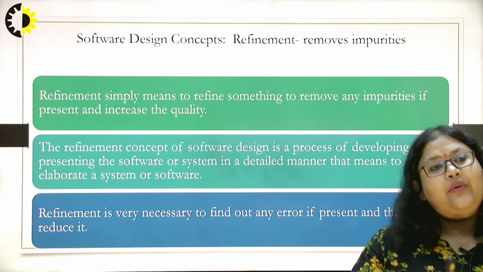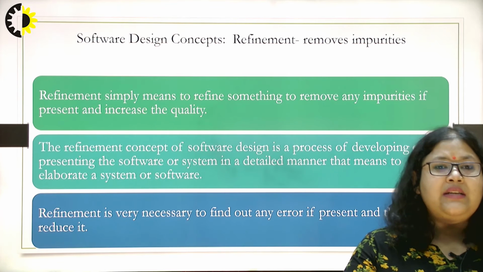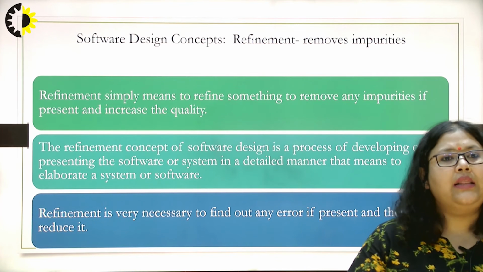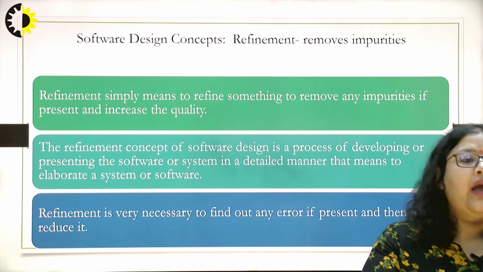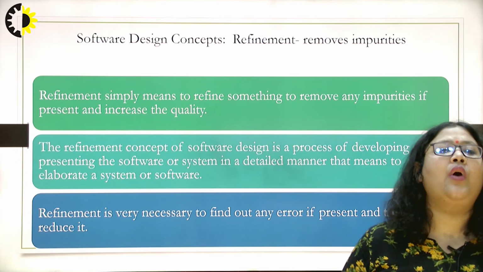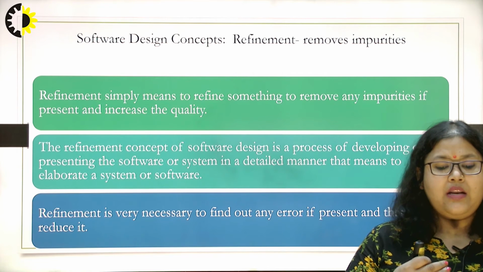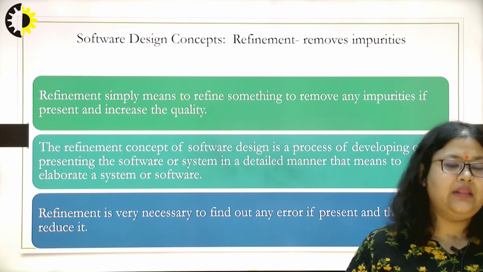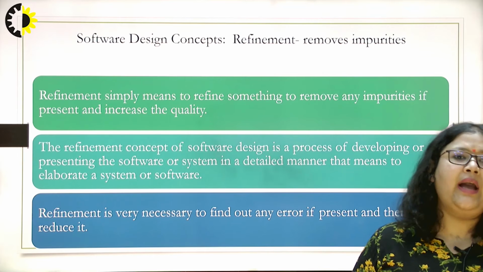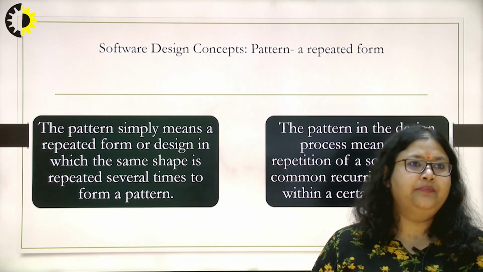So the refinement concept of software design is a process of developing or presenting anything in a detailed manner but in an efficient way, and we have to increase the quality of the software without removing the best things that we use in this particular project, but we have to remove the errors from that particular software. So this is refinement.